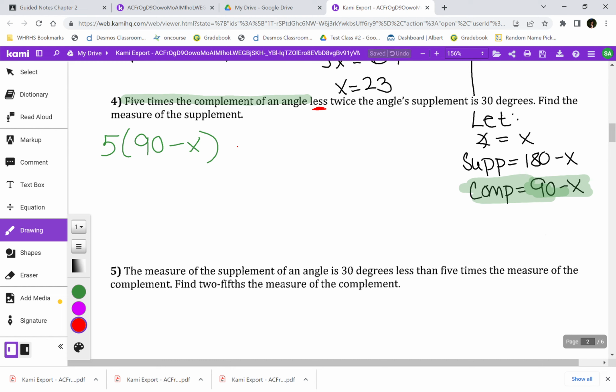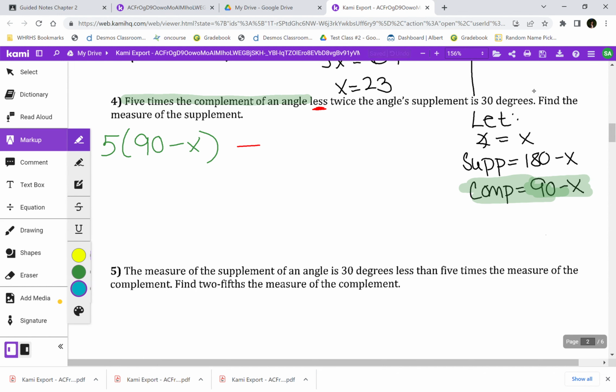Subtraction. So "less" is not "less than," it's just less. So it's just a minus. And then it says twice the angle supplement. Demetri, tell me, how am I going to represent twice the angle supplement?